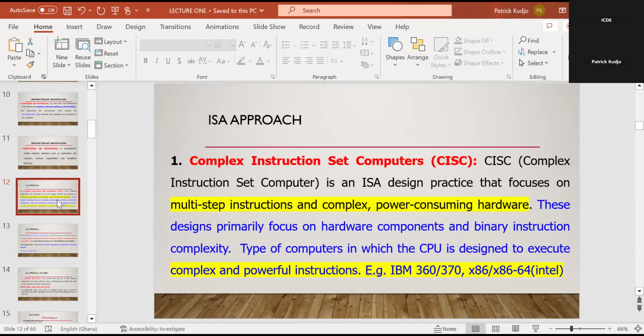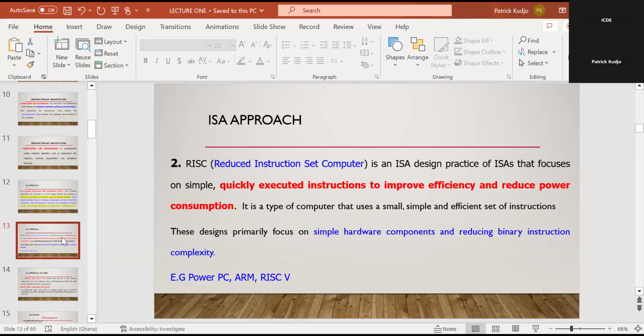Because they deal with complex or multi-step instructions, so their hardware is designed to handle such issues. So it is a type of computer that uses a small, simple, and efficient set of instructions.